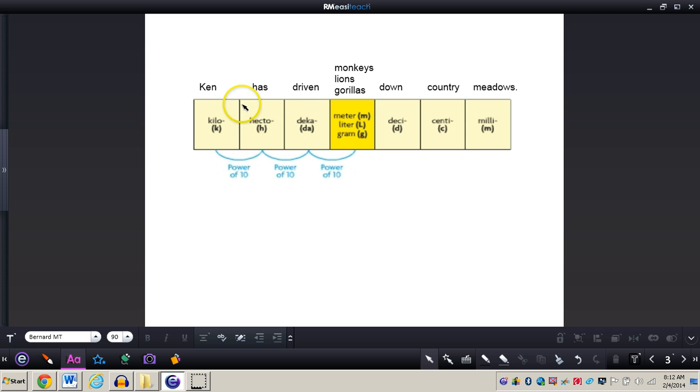So K for kilo, H for hecto, D for deca, then the G for the unit of measurement you're dealing with, D for deci, C for country, and then M for meadows. So I do want you to write this sentence down. I do want you to copy this table down in your notes, and it's important to refer to this as we go throughout the lesson today.